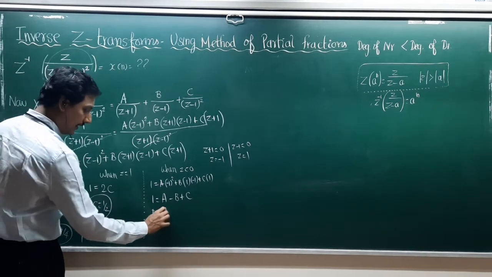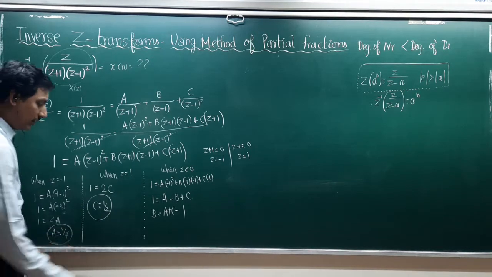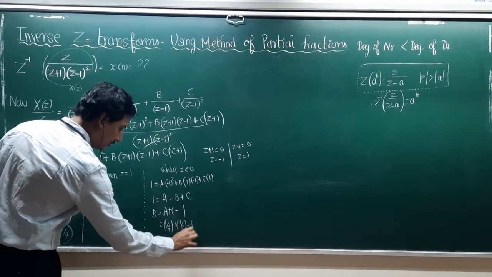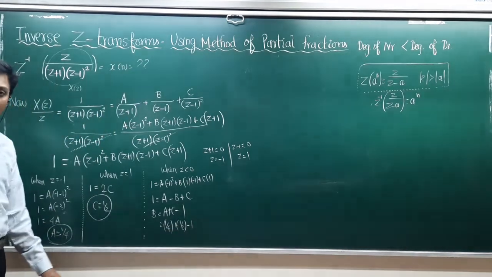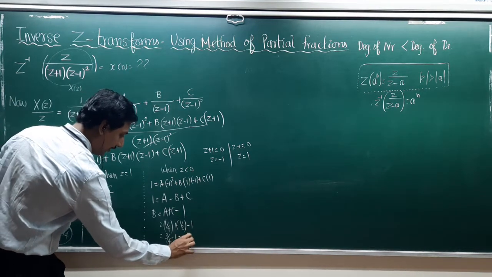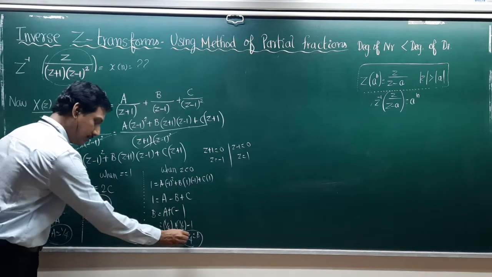The remaining is A plus C minus 1, because this one goes to that side. Now A equals 1 by 4, C equals 1 by 2. So B equals 1 by 4 plus 1 by 2 minus 1. 1 by 4 plus 1 by 2 is 3 by 4. So 3 by 4 minus 1 is how much? Minus 1 by 4. So B is minus 1 by 4.